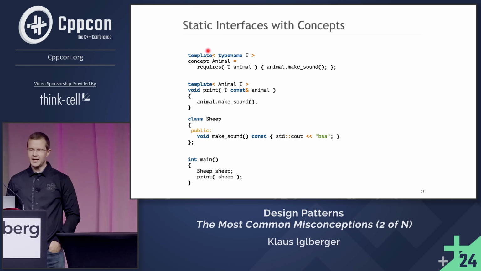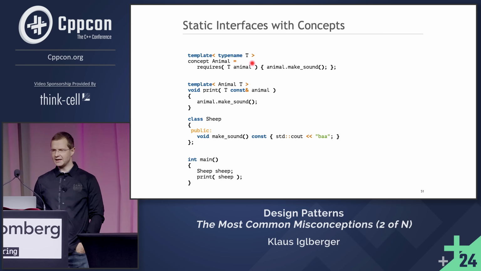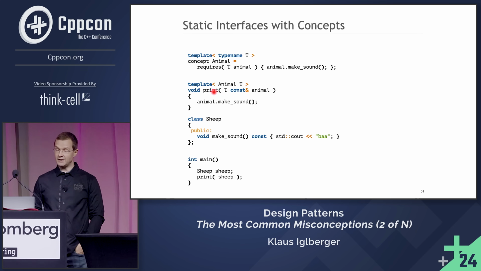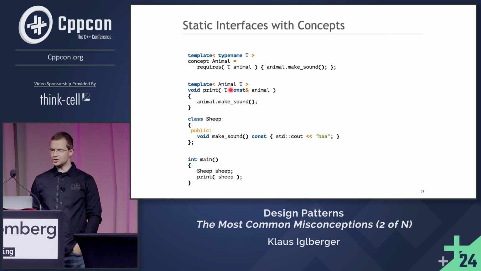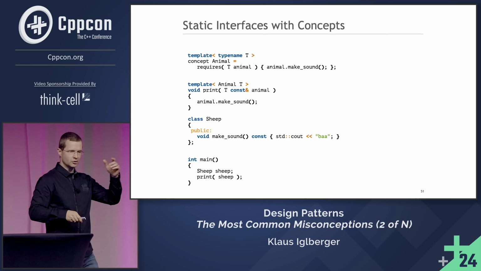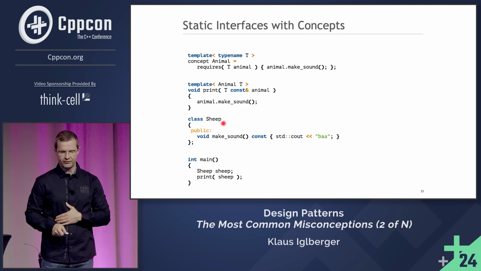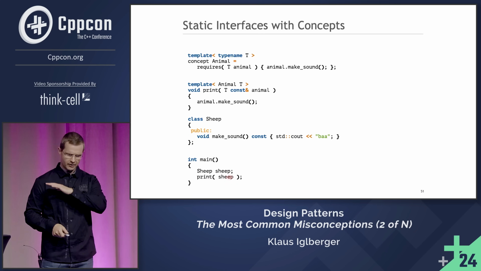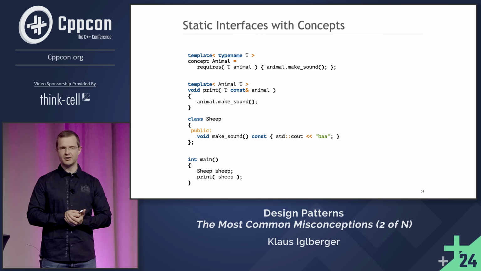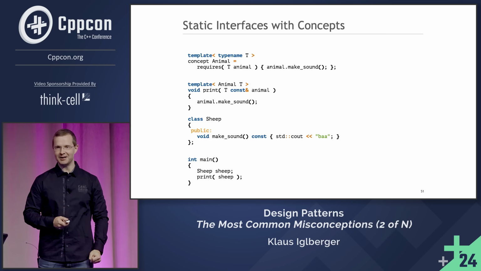You would have a concept that defines what an animal does and is. So our animal, again, has a make sound function. Then we would have the print function from before. That would just take a T, but this T is now constrained to be an animal. So we could call make sound on the animal, and this would work. And sheep would not have to derive from anything. Sheep would just be a sheep, and we could print the sheep. Now it fulfills all the requirements of the print function. That's it, right? Ha! CRTP is a goner.